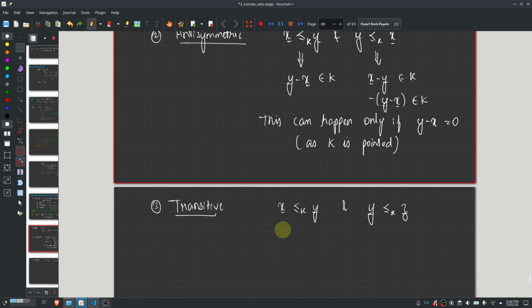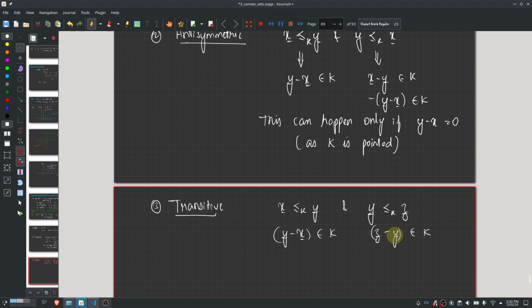This means that y minus x belongs to K and z minus y also belongs to K. Now, can I show that z minus x also belongs to K? And why is that true? What kind of a combination is it?